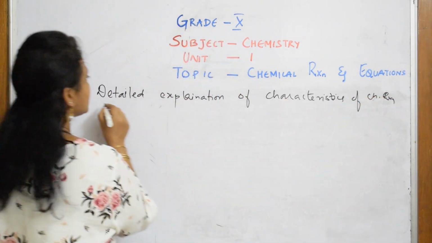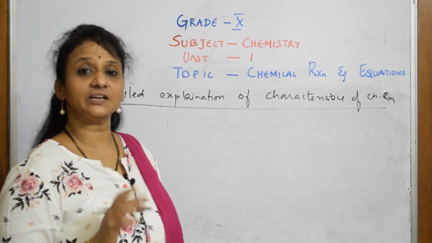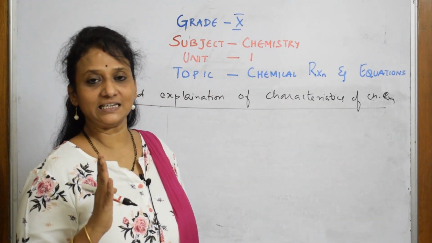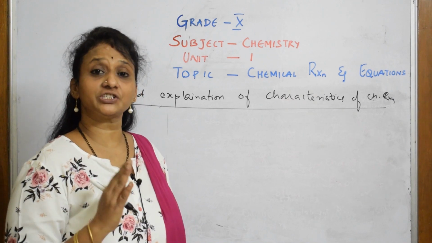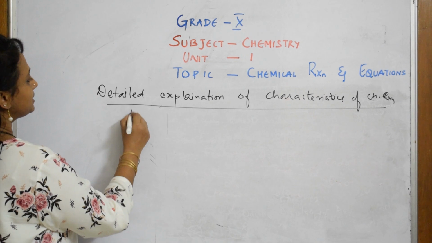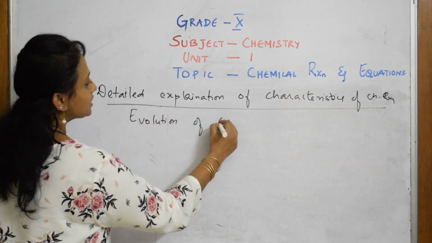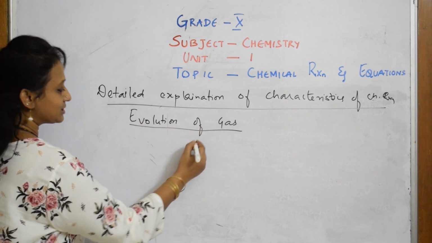Let us take an example. What characteristics did we say? Evolution of gas, light, heat, change of temperature, change of color, and formation of precipitate. I'll take the first, evolution of gas, and take two examples for this.